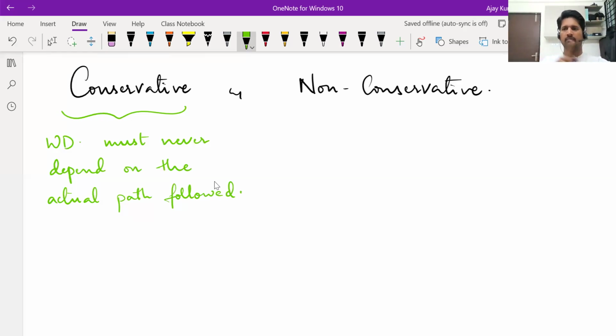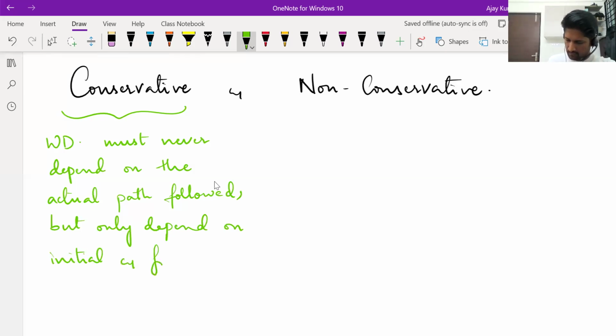It should only depend on from where to where it has gone. So work done must never depend on the actual path followed, but only depend on initial and final positions. Only depending on initial and final position means only depending on displacement. So actual path does not matter. Displacement is what matters. Such forces are called conservative forces.